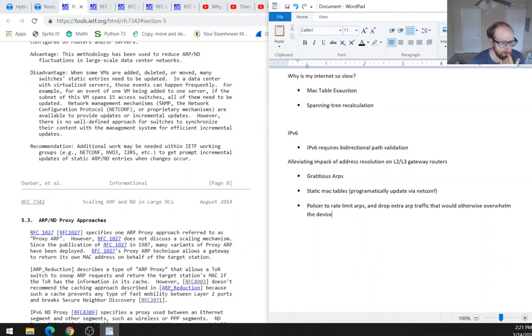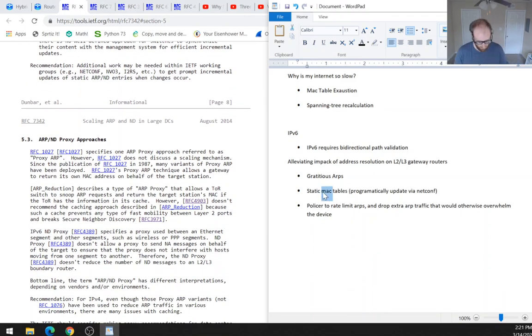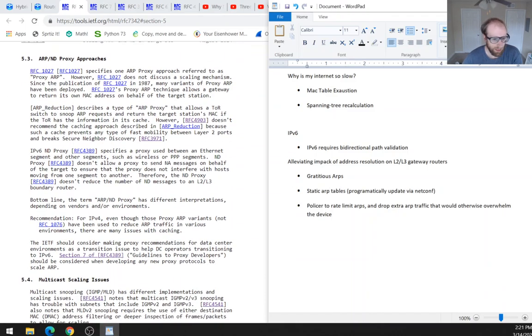I have that listed there. And it would be static ARP tables. Yeah, you can also use ARP proxy variants, proxy ARP variants. I don't know that much about that though. And it doesn't work for IPv6.